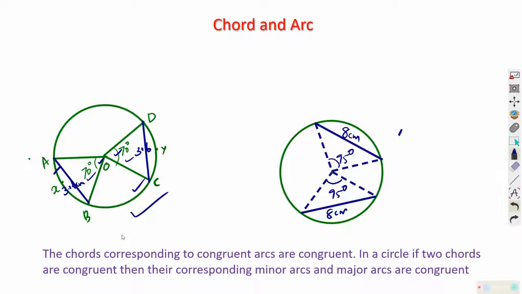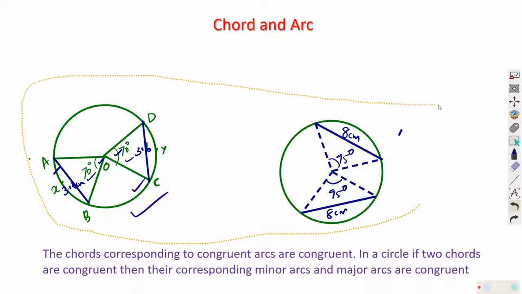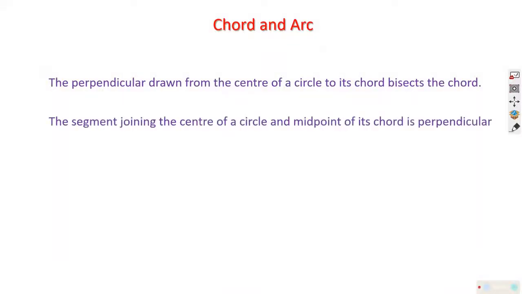In a circle, if two chords are congruent, then their corresponding minor arc as well as major arc will be congruent. So these three things you should keep in mind. What are these three things? Let me take you to the next screen, which will help you remember them. The perpendicular drawn from the center of a circle to its chord bisects the chord. The segment joining the center of a circle and the midpoint of the chord is perpendicular to the chord.